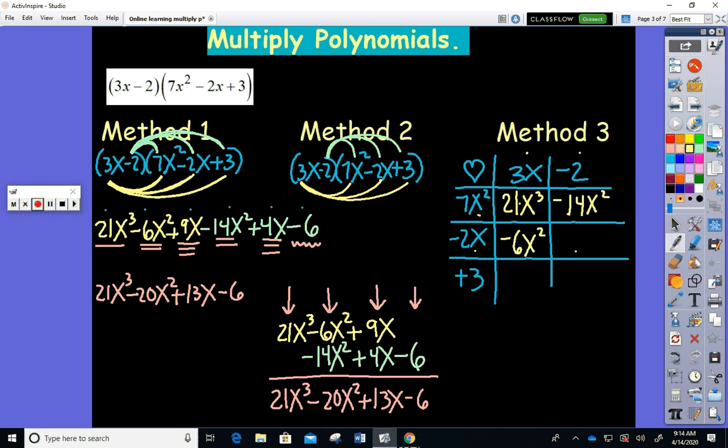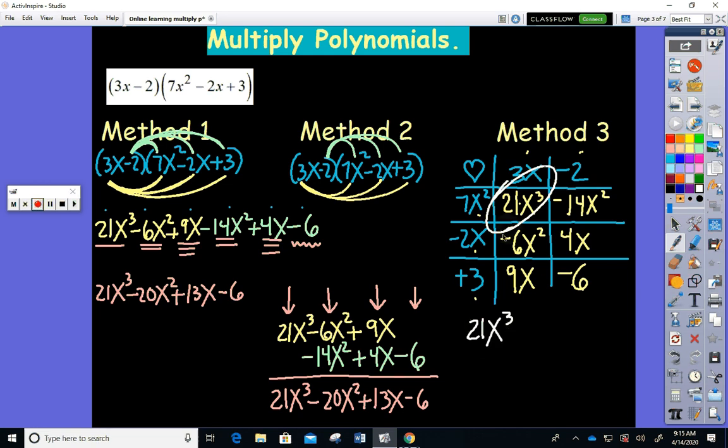In this box, I use the negative 2x on the left and the negative 2 on the top. That's plus 4x. In this box, 3 is from the left, 3x is from the top. That's plus 9x. In this box, 3 from the left, negative 2 from the top. That's negative 6. So if I look along my diagonals, my first diagonal is here. That's 21x cubed.